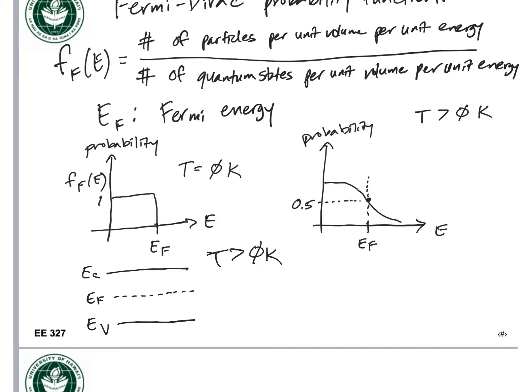Okay, so if my temperature is greater than zero and I have an intrinsic semiconductor, can I have electrons in the conduction band? Well, there's nothing really special about 300K except that's room temperature. If my temperature is above 0 Kelvin, do I have electrons in the conduction band of a semiconductor?